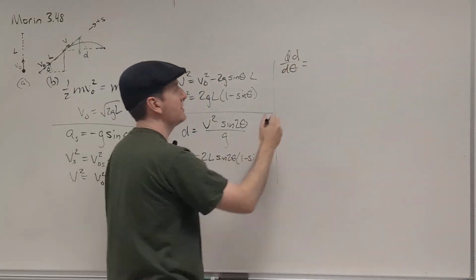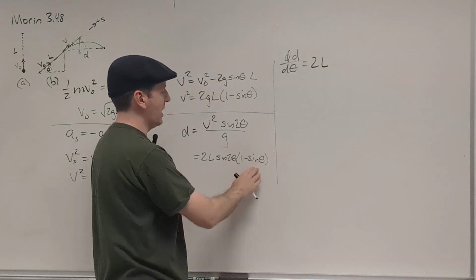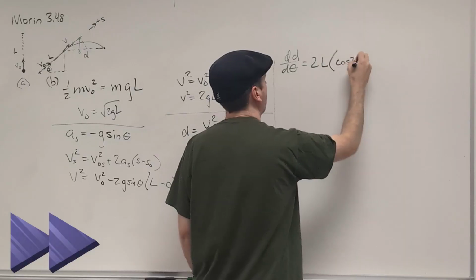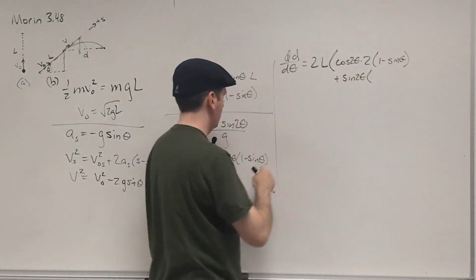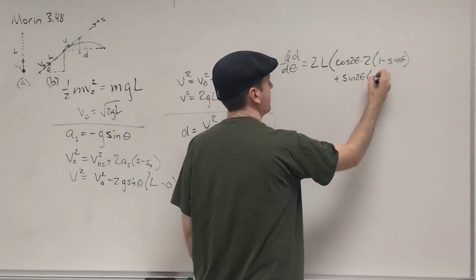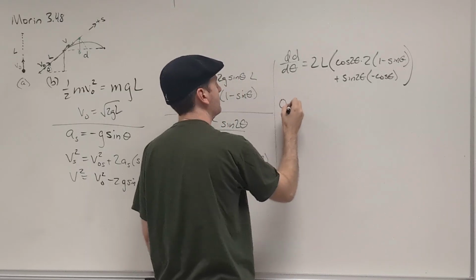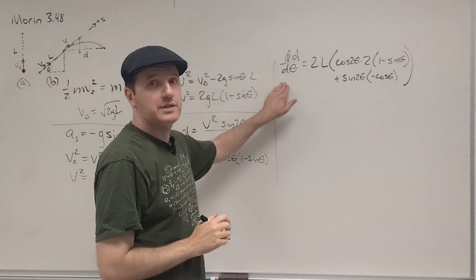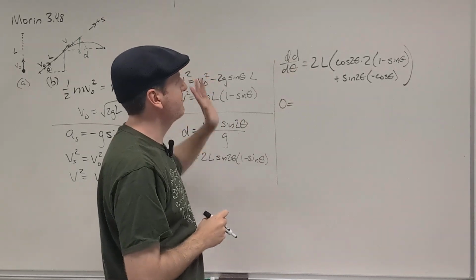The 2L will come out to the front, and then I have a product. The derivative of the minus sine theta here will be a minus cosine. All right, I want to set this equal to 0 to maximize this. The 2L will come away; I don't care about that.